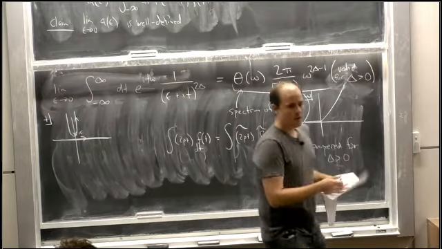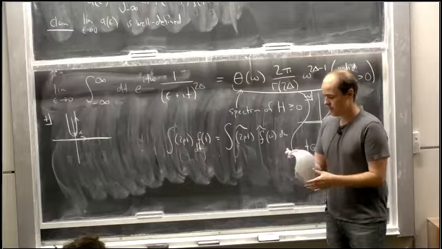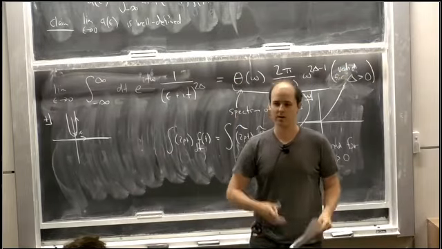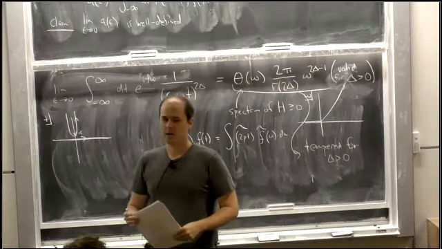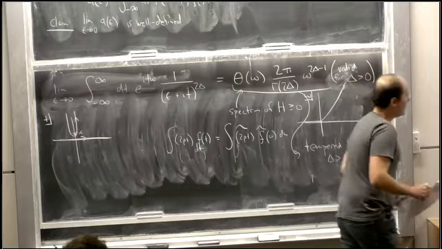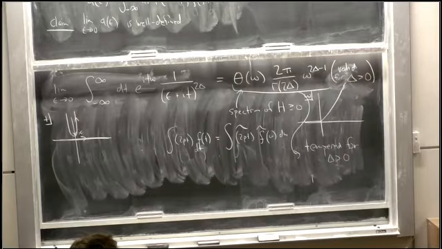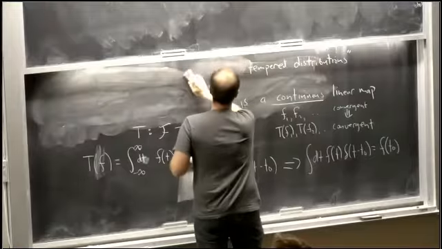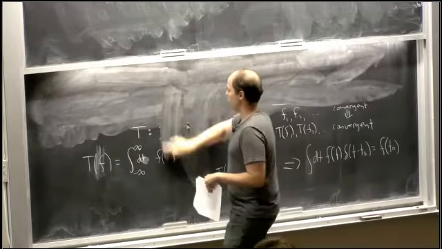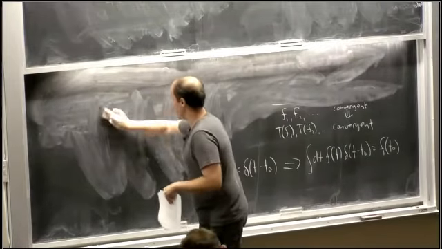Okay, so now let me make some comments. I'm going to try to address your question about smearing and what is the physical meaning and all of that stuff. This smearing is kind of funny because it introduces these test functions. In particular, if you know something about Euclidean CFT, it might make you very uneasy.